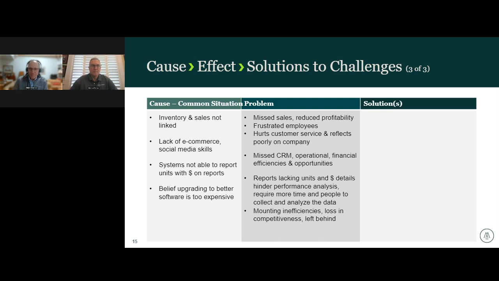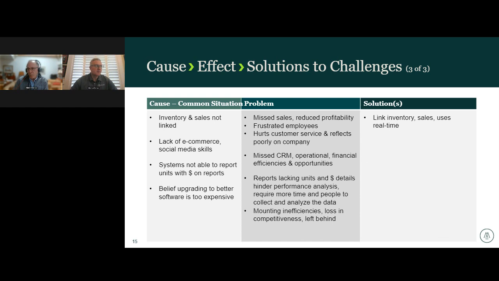So again, I think thinking that it's too expensive to upgrade, over time, it just means you're just going to have increasing inefficiencies. The company's going to be less competitive if your systems are not up to grade, and you're going to be left behind.